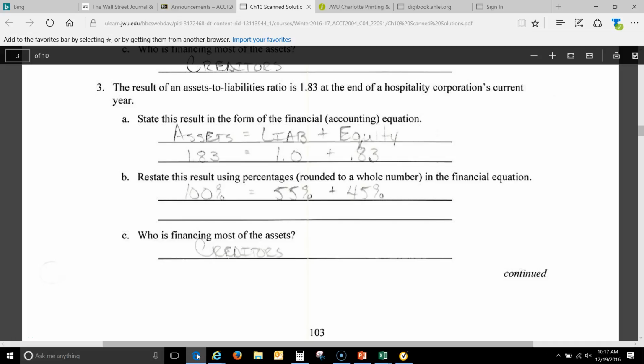Again, who's financing most of the assets? Liabilities. Is that good or bad? That's not good. Is it always going to be 55 and 45? No, just coincidentally.